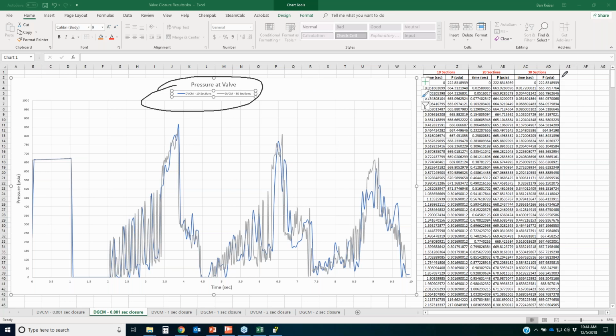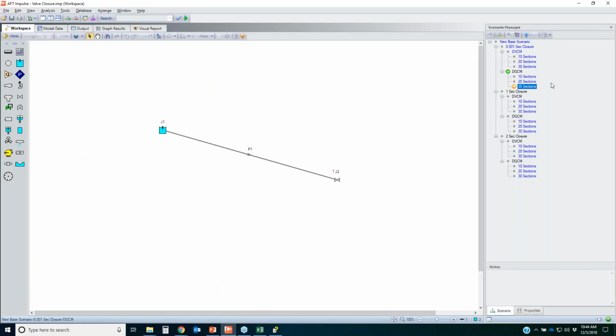Now, you don't want to close the valve in 1 millisecond. And so this is where I created my other scenarios, where I did a 1 second closure and a 2 second closure. The overall goal when you're doing your transient analysis with Impulse is to figure out how to not cavitate.